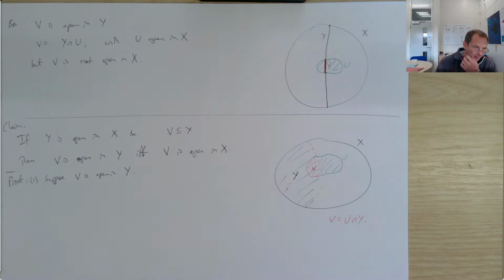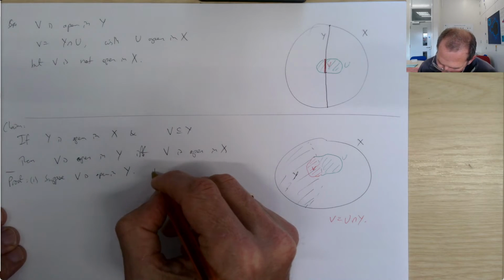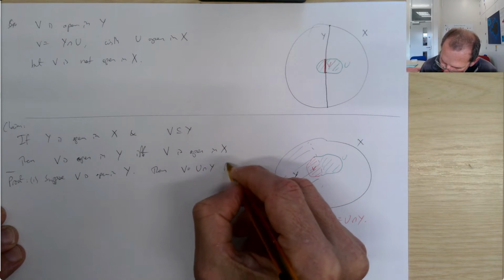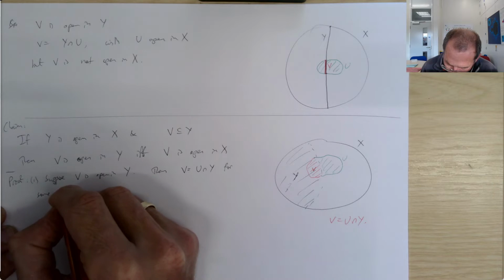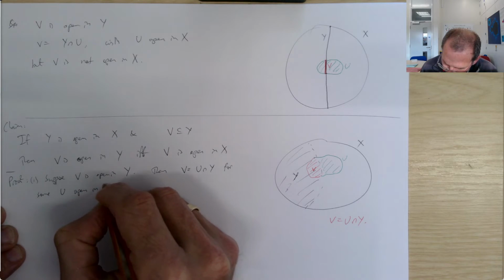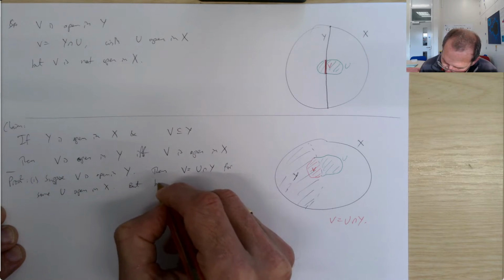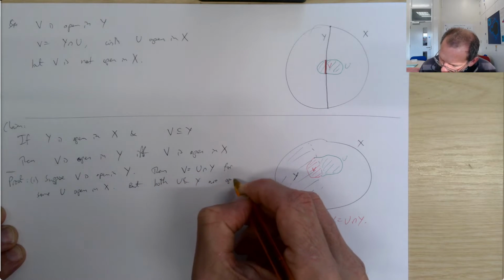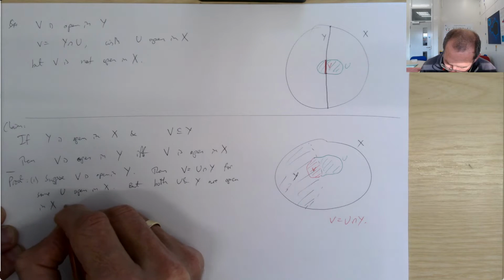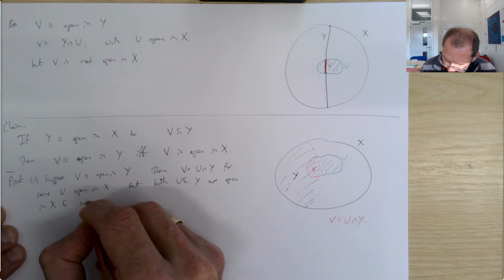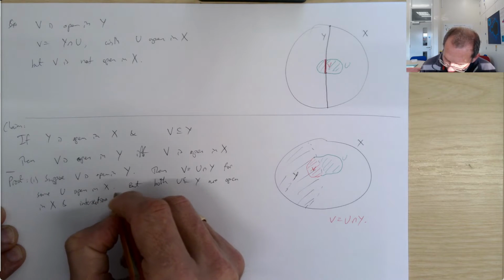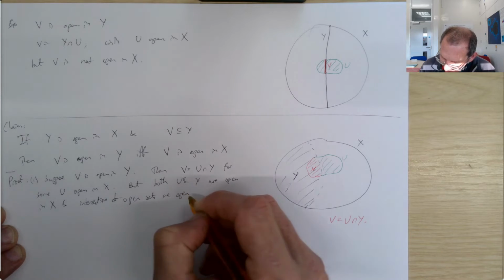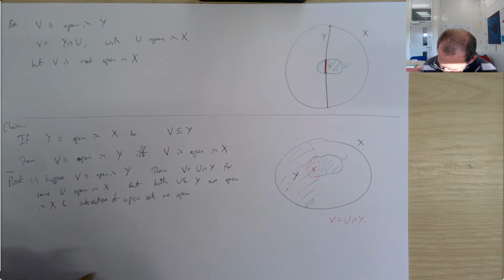So let's first do it one way around. Suppose V is open in Y. That means that, as in the picture here, V is equal to U intersect Y for some U open in X. But both U and Y are open in X, and the intersection of any two open sets, or any finite list of open sets, is open.